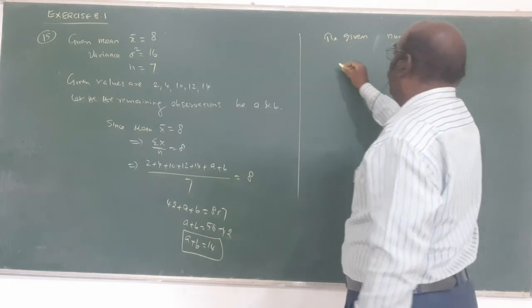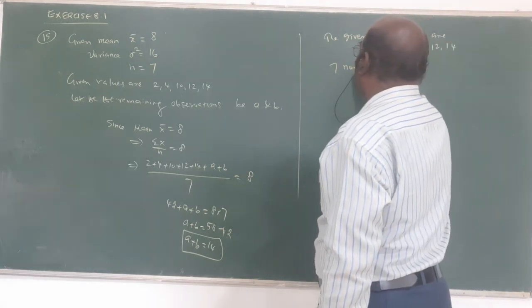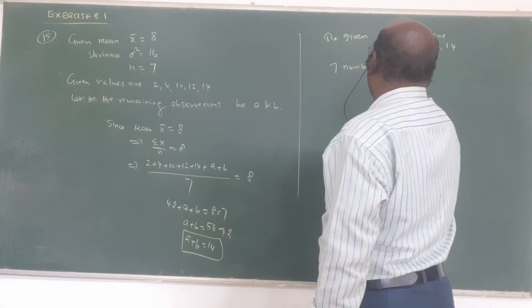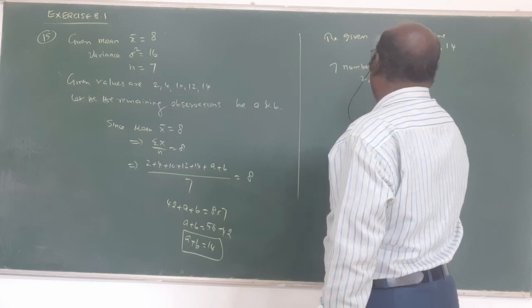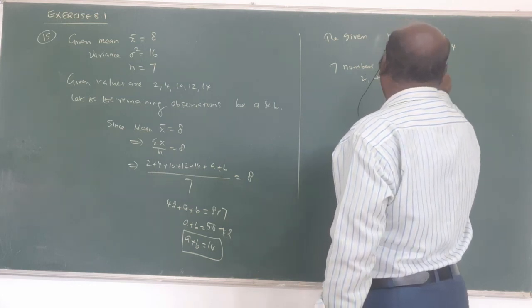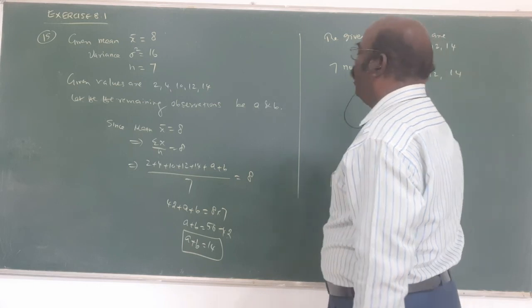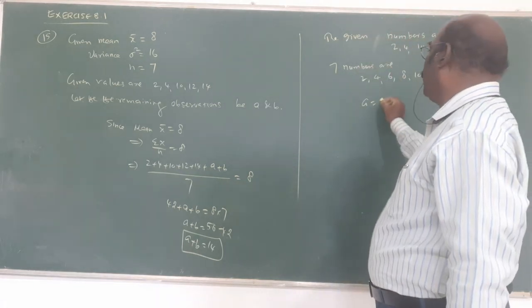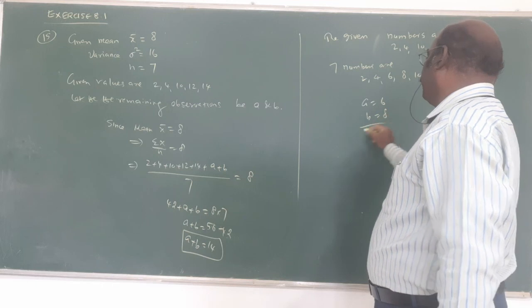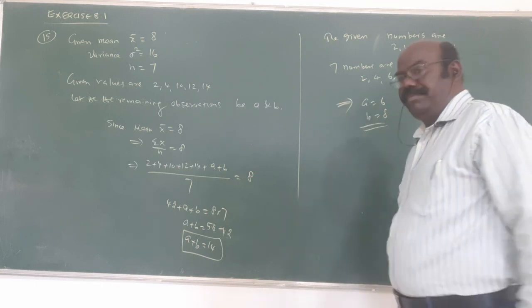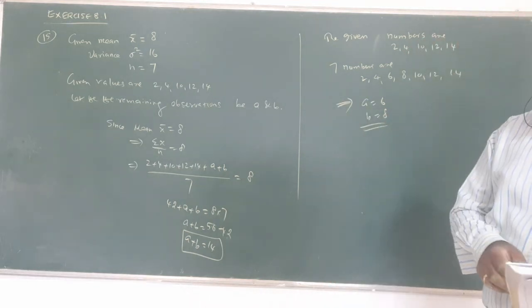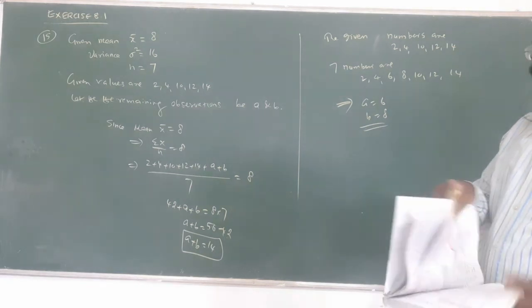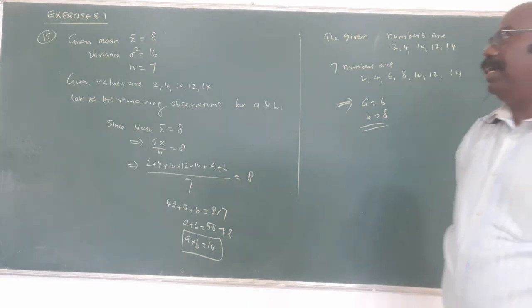Therefore, the 7 numbers are 2, 4, 6, 8, 10, 12, 14. Therefore, A equals 6, B equals 8. Guess the right answer. The difference should be 2. That's all.